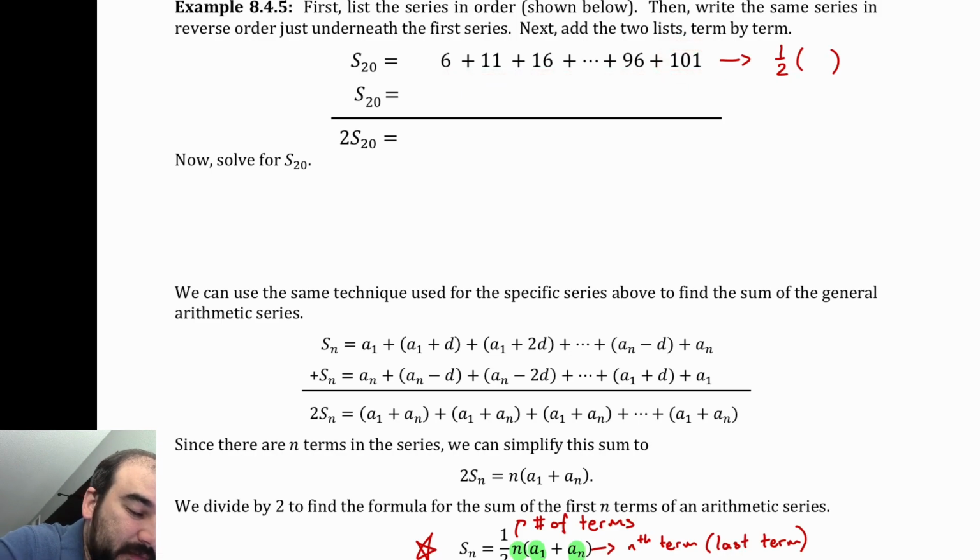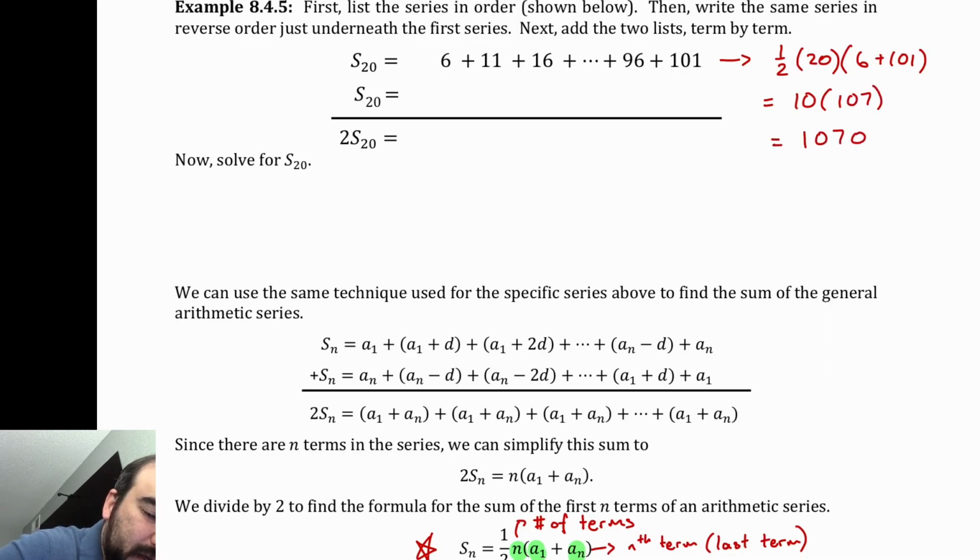But in this case, the subscript on the S tells us that there are 20 terms. So we multiply 1/2 times 20 times the first term, which is 6, plus the last term, which is 101. We can compute this just by multiplying: 1/2 times 20 is 10, times 107, which gives us 1070.